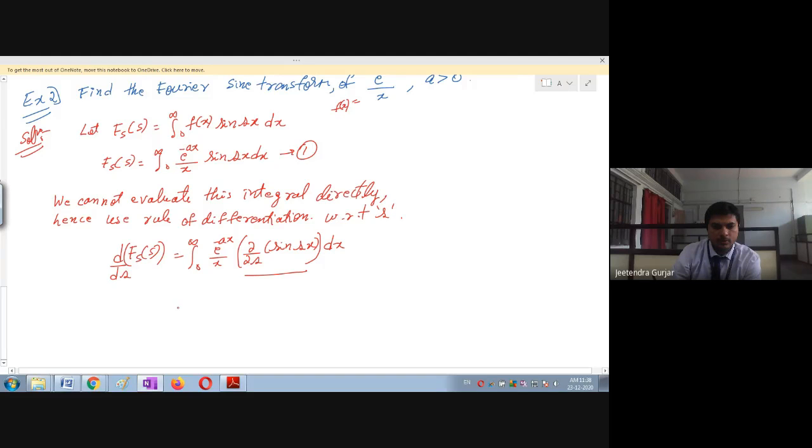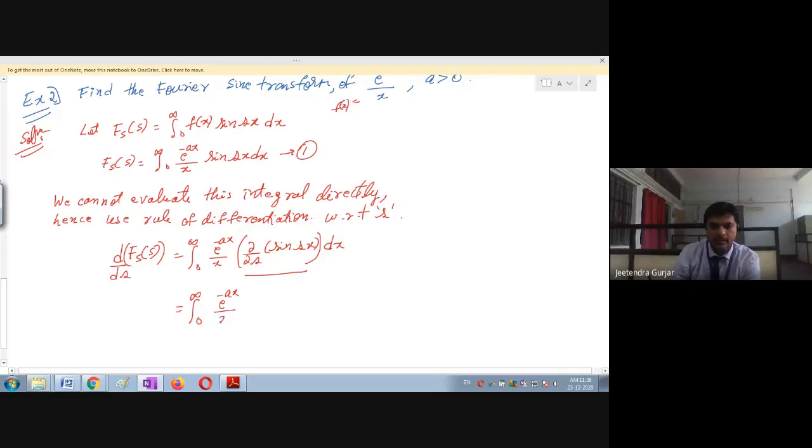Though e raised to minus ax upon x, keep it as it is, students. Only differentiate this one. So dou upon dou s, this is the partial differentiation notation. So this is equal to, I think you know that the coefficient will be multiplied outside. The coefficient is x here, so I will take x outside.